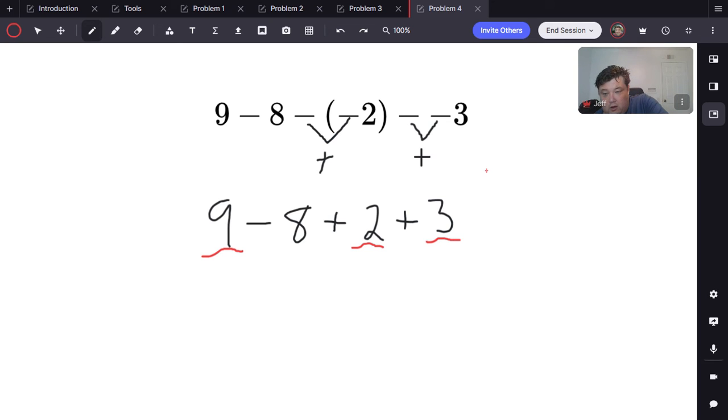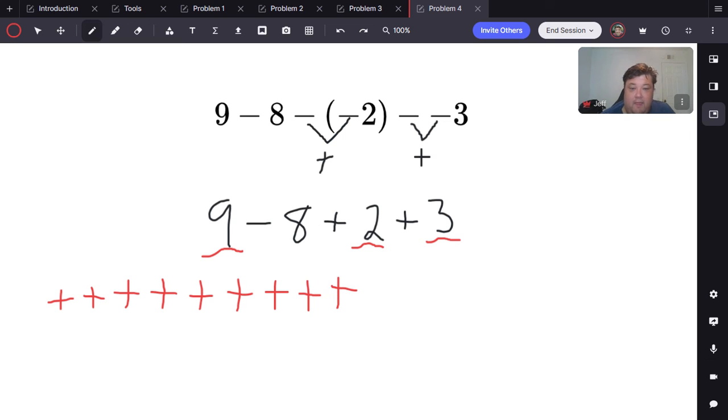So we've got 1, 2, 3, 4, 5, 6, 7, 8, and 9. And now we're going to do the 2. So that's 2 more: 1, 2. And now we're going to do the 3. So now we've got 1, 2, and 3.